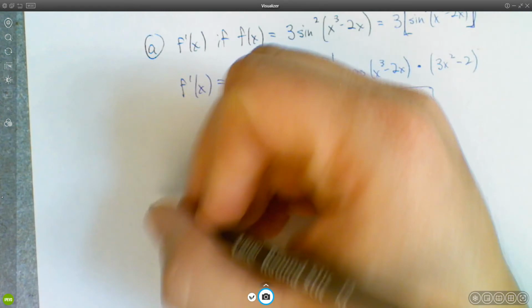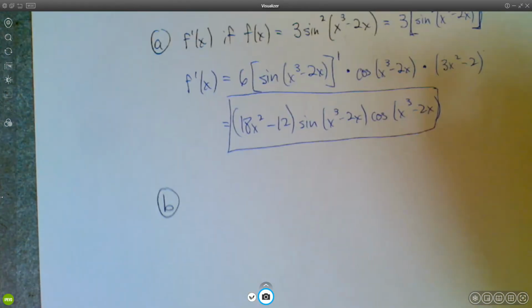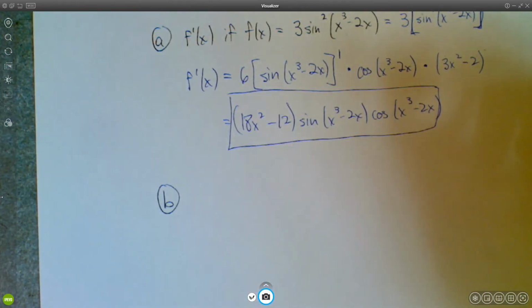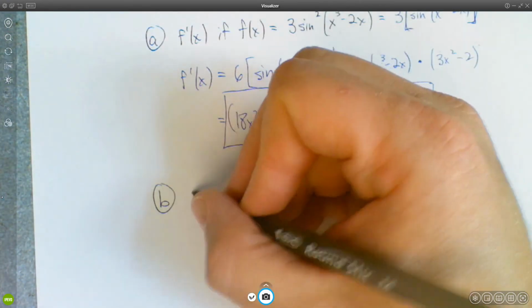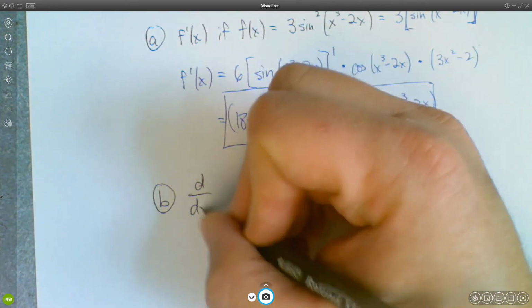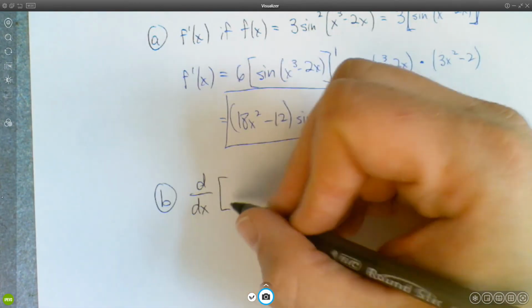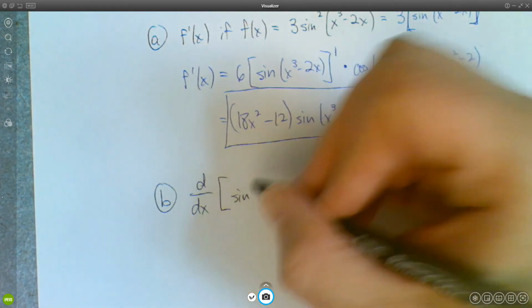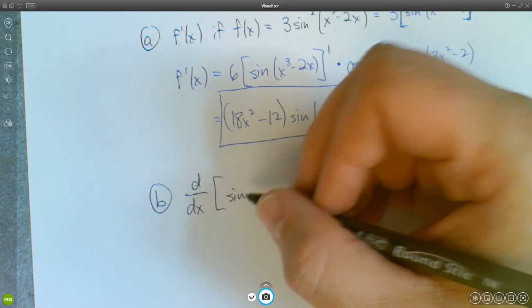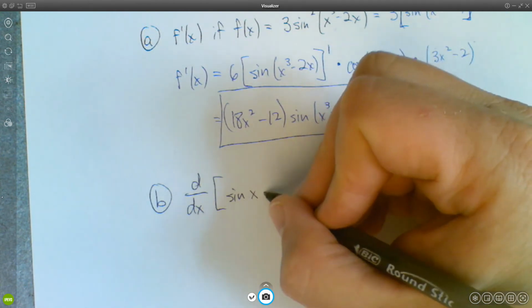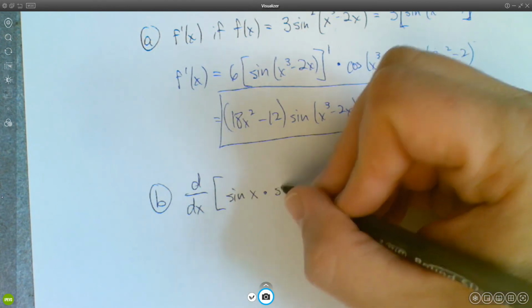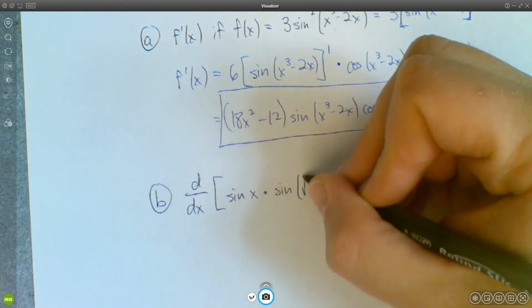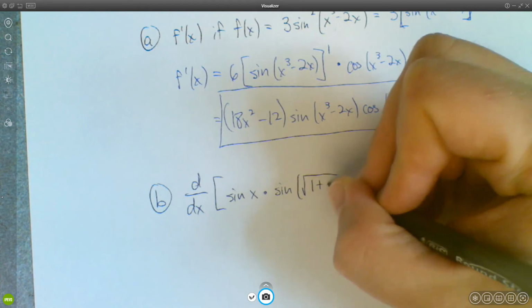Another way this could get more challenging is if you had a product rule or a quotient rule inside of your chain rule. So for example, let's calculate d dx of sine x times sine of the square root of 1 plus cosine x.